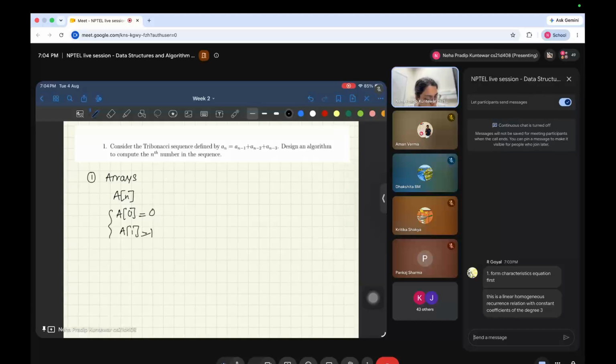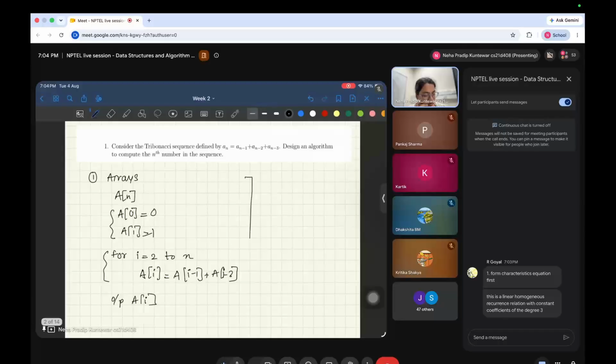Okay, so these are the initial values, and then from here, for i equals 2 to n, you will update a of i is equal to a of i minus 1 plus a of i minus 2, and then you will finally output a of i. So that's the first algorithm that you would think of.